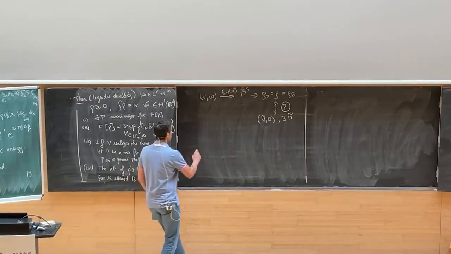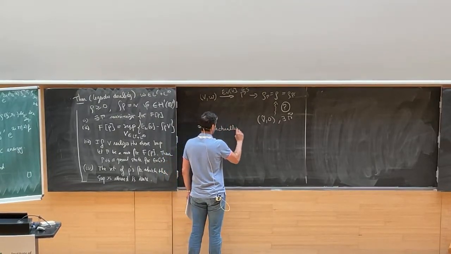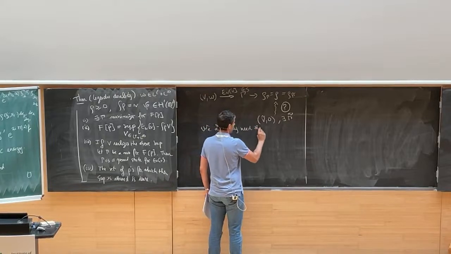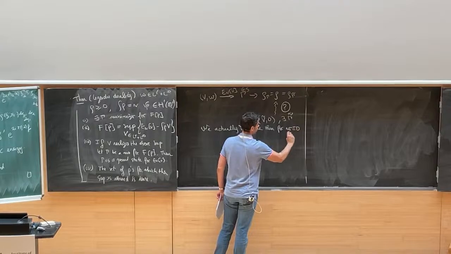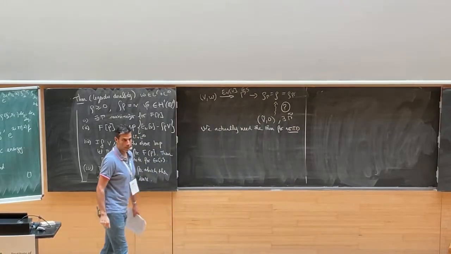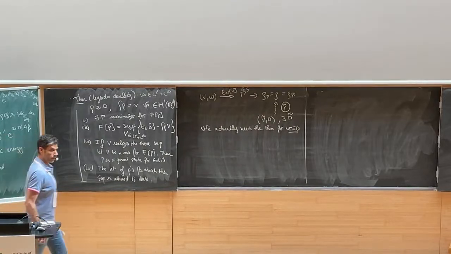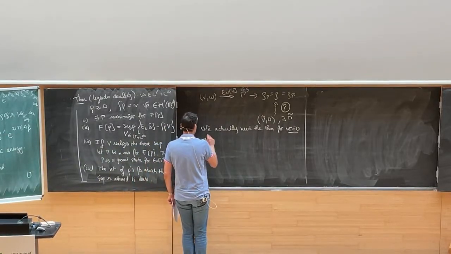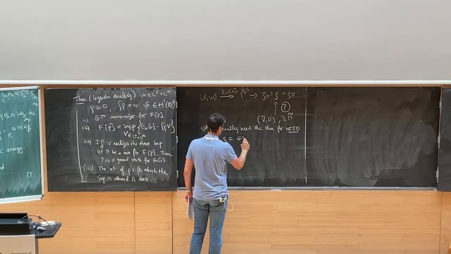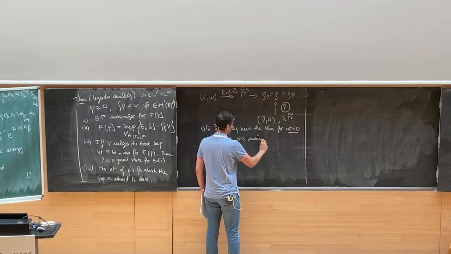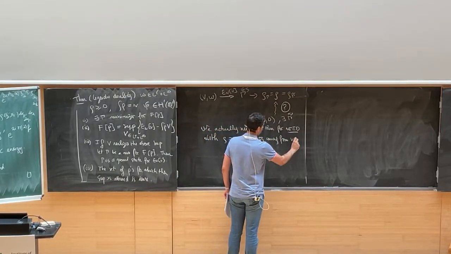But we actually need the theorem for W equal to 0. And we apply the theorem for the density that comes from V, with rho equal to the ground state density coming from V and W.